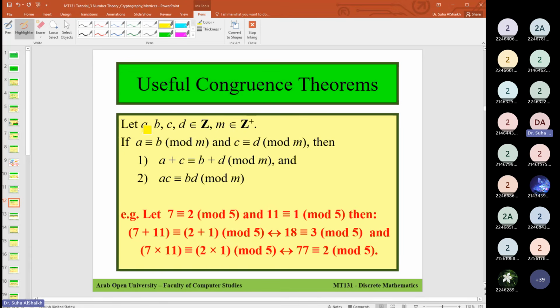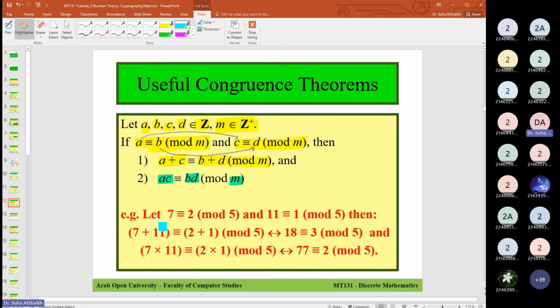For A, B, C, D belonging to Z, and M belonging to Z plus: if A is congruent to B modulo M, and C is congruent to D modulo M, then it makes sense that if I add A and C, this is congruent to B plus D modulo the same M. So A plus C, the left side with the left side, is congruent to B plus D, the right with the right, modulo the same number M. Same thing if we are multiplying: A times C is congruent to B times D modulo the same number M.